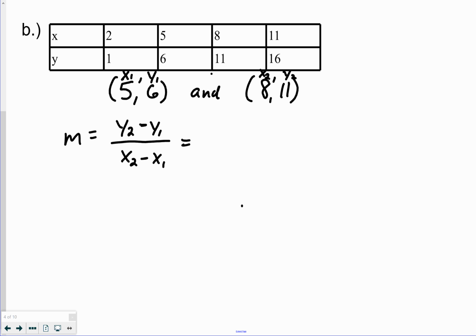So who's got our numerator subtraction? David, what's our numerator subtraction going to be? Excellent, very good. 11 minus 6, perfect. Jose, our denominator subtraction. Perfect, good job, Jose. So that's 5 over 3. So our slope is 5/3.